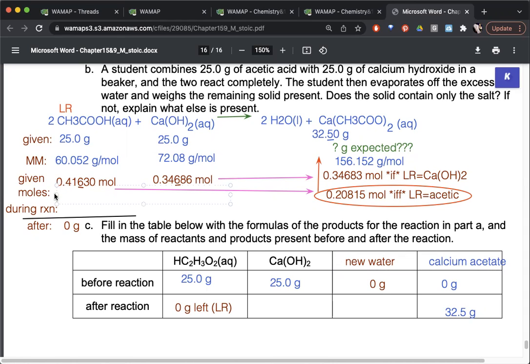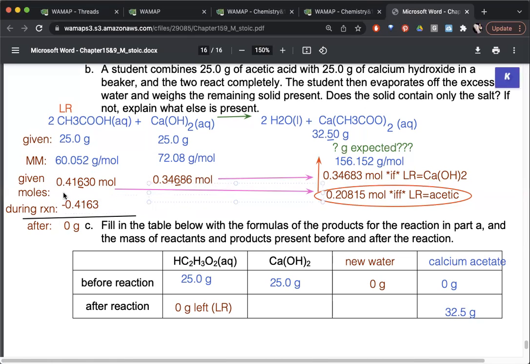It was, I'm going to do a minus 0.4163 moles reacted away. Oh, that's during the reaction. It's 0 moles, it's 0 grams, so I'm not going to worry about that right here. What I want to ask you about is how do we figure out what reacts away here?